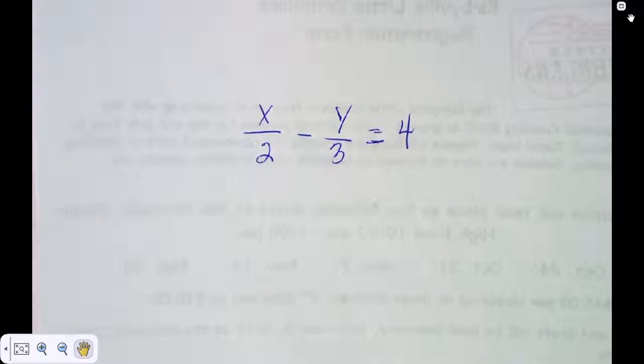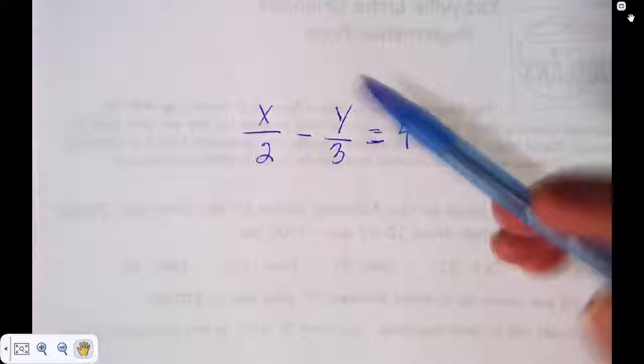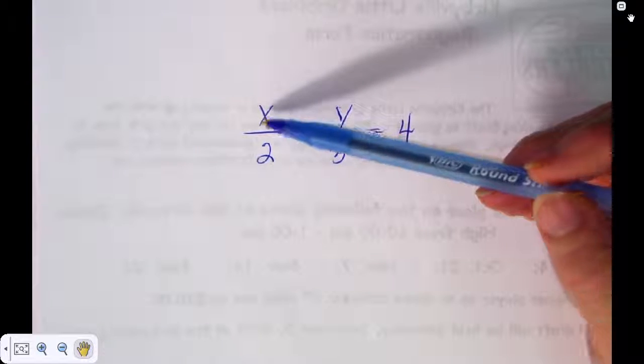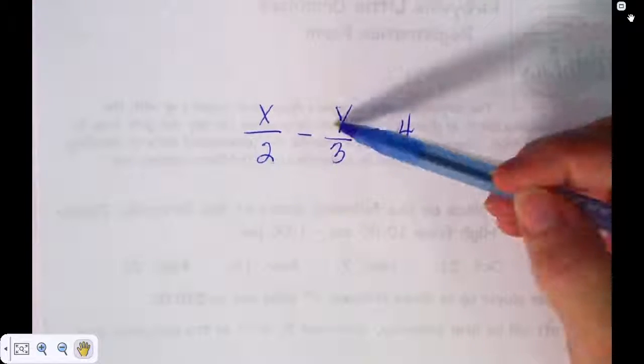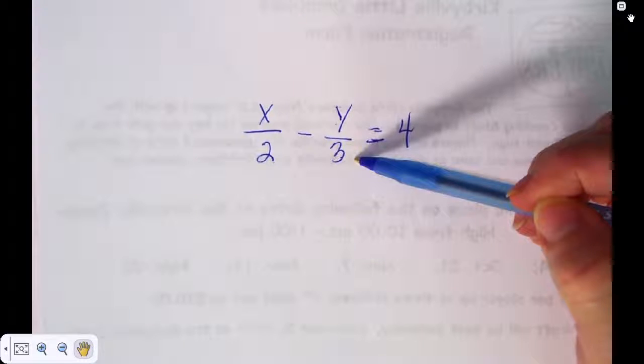Times by 2. Okay, we could. If I'm trying to get to standard form, well, let's start over. I could do 2, and that gets rid of that 2, but does it get rid of that 3? No, then I have 2/3, so I end up with a fraction there.